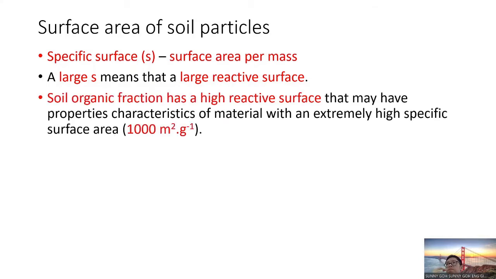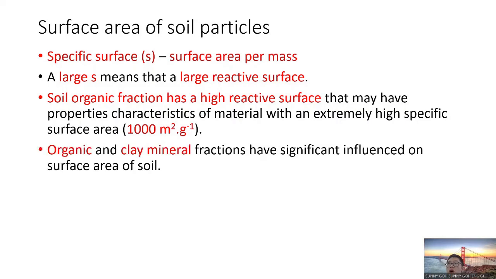Soil organic fraction has a high reactive surface that may have the property characteristic of material with an extremely high specific surface area. For example, organic matter has 1000 square meters per gram. So that is a very large surface area. Organic and clay fractions have a significant influence on the surface area of soil.